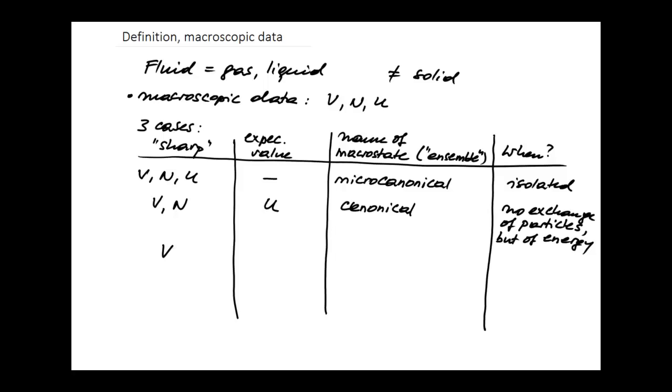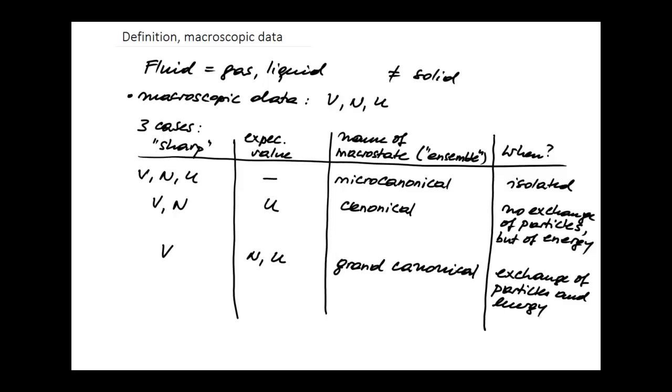In this last case, then the volume is the only such sharp value, and both the particle number and the energy are given as expectation values. The associated macrostate or ensemble is then called grand canonical. And when is this appropriate? In the same logic, when you have exchange of both particles and energy.